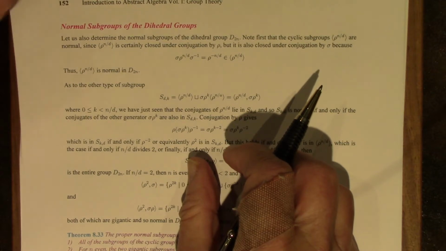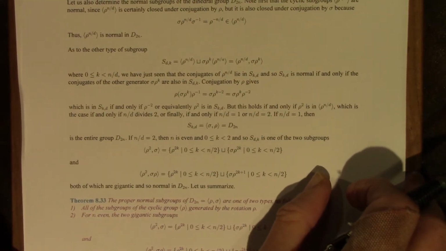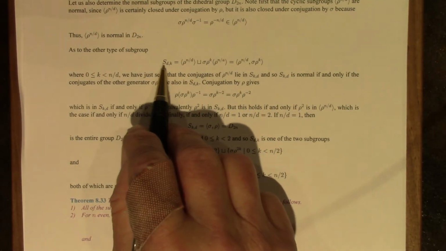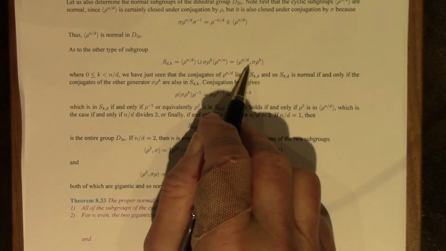It's not quite as simple for the subgroups that get split in half by the gigantic subgroup, the SDKs that look like this.